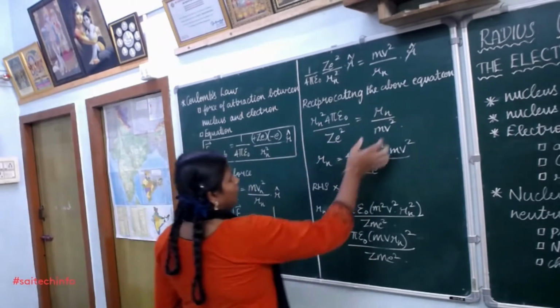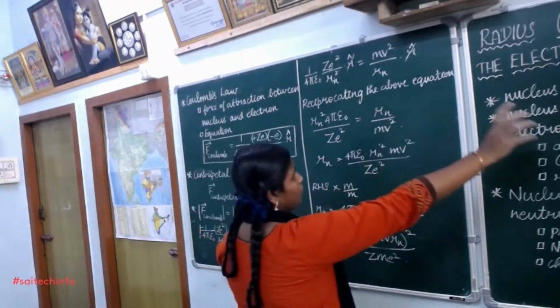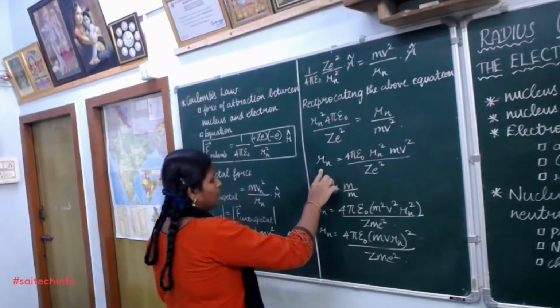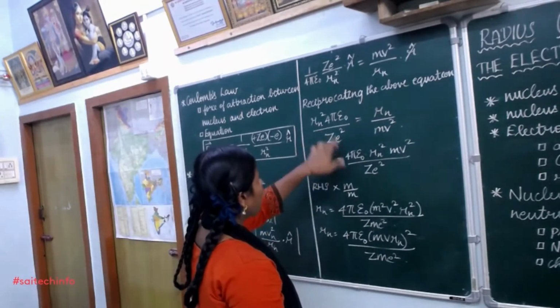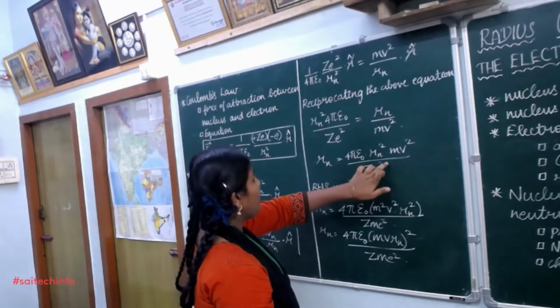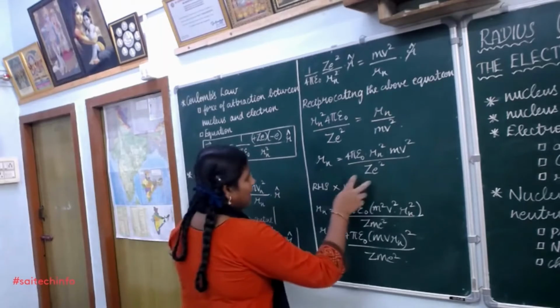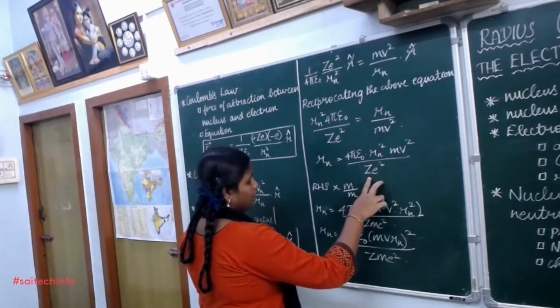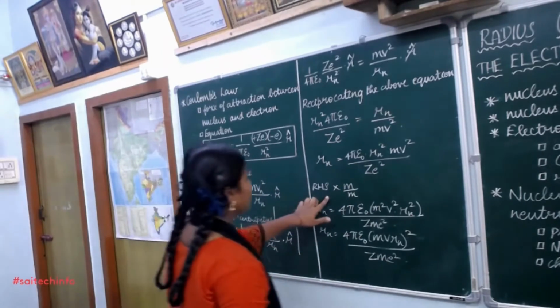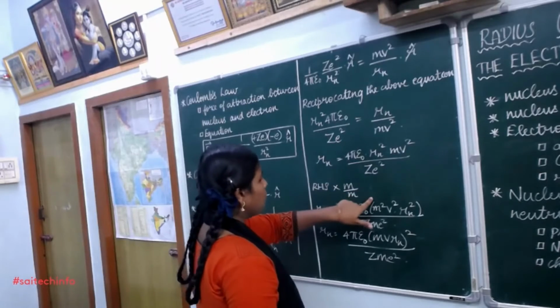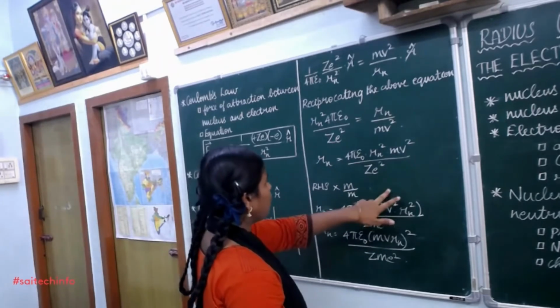Now we have to find the radius of the orbit, so we take the radius to the other side. So Rn is equal to 4 pi epsilon naught Rn square into m v square divided by Ze square. What we will do is multiply by m and divide by m.